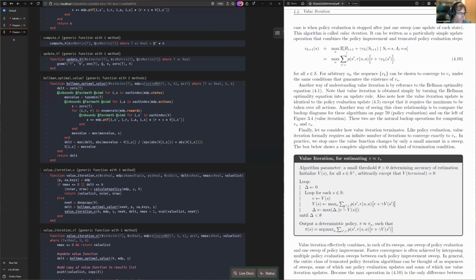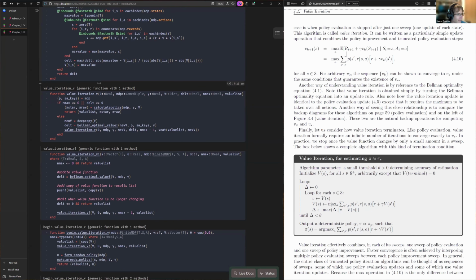But this involves looking through, again, all the transitions from this single state and then maximizing over the potential actions. That's what's being done here, with this Bellman optimal value function. It should also be noted that all these techniques require knowing this function, and we do need it again here in order to compute this quantity.